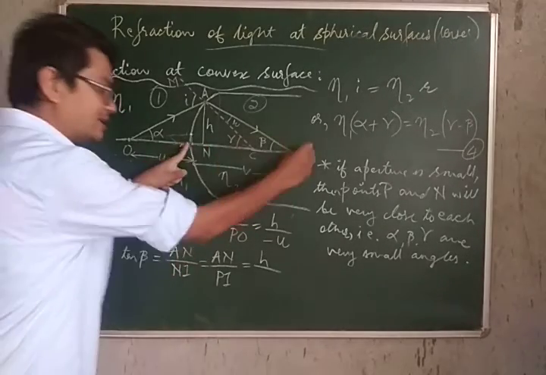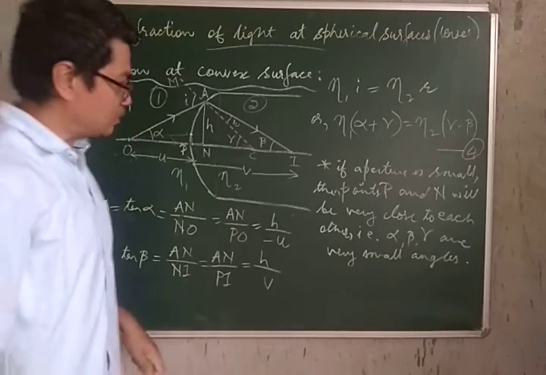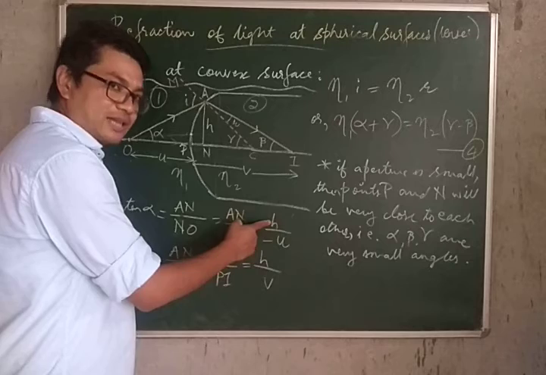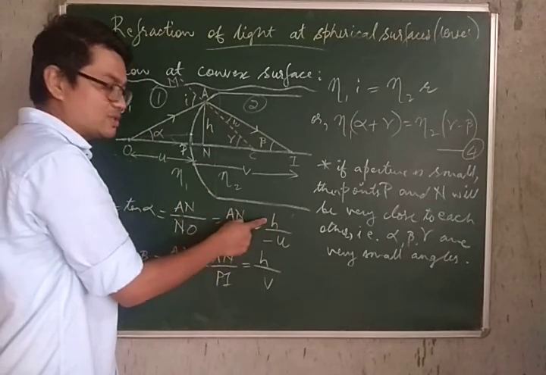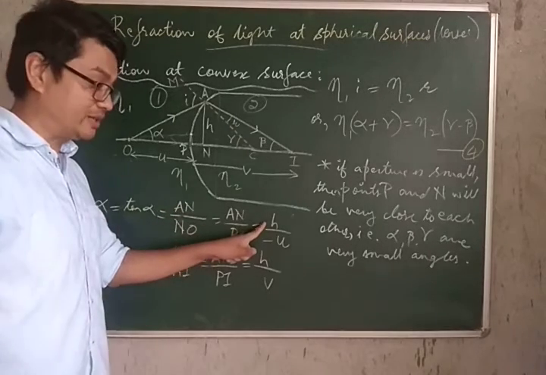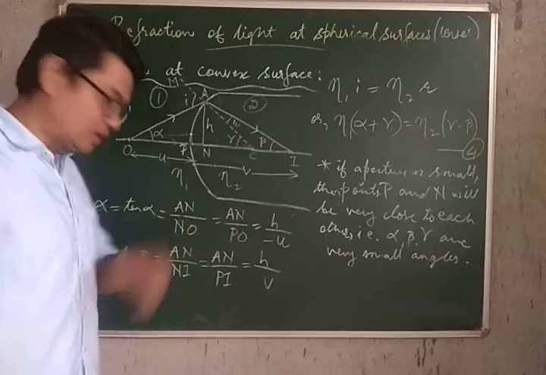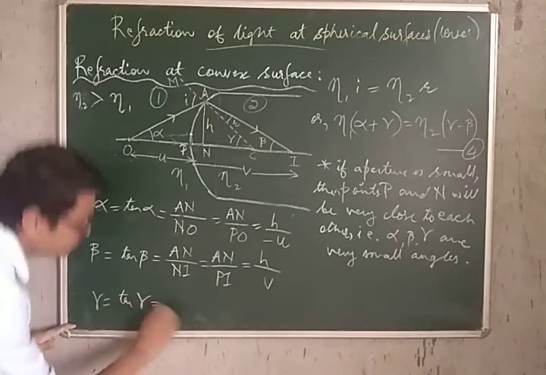Now since it is on the right hand side of the pole, it's taken to be positive. And by the way, I forgot to tell you one thing. This height h is measured upward of the principal axis. So height h is taken to be positive, remember. So here also we are incorporating sign convention. Do not forget.